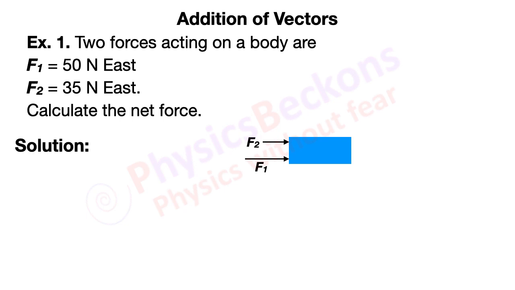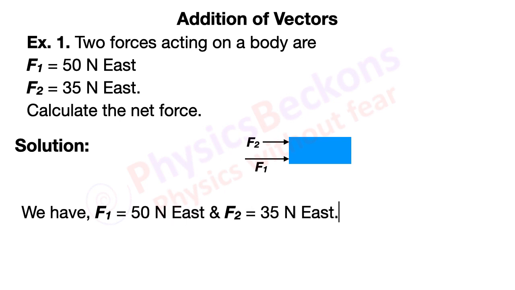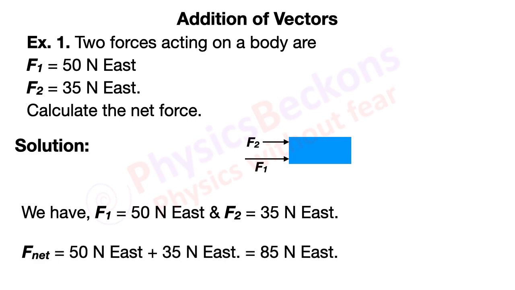F1 has a larger magnitude, so it is represented by a longer arrow, and this is the shorter arrow. We know we always take a scale to represent the vectors. Here we have F1 equal to 50 Newton east and F2 equal to 35 Newton east. So F net will be 50 Newton east plus 35 Newton east, that is, it will be 85 Newton east.